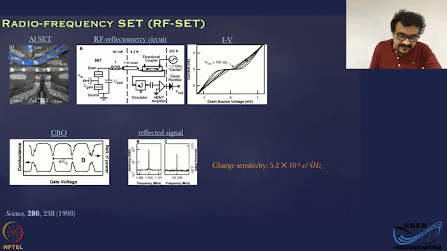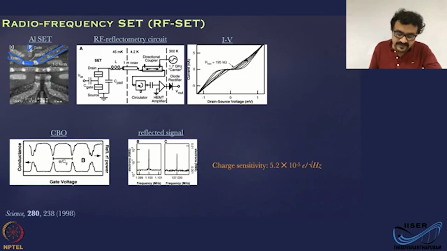You can see that the demodulated signal from the RF reflected power is going to exhibit a corresponding change, or mirror the Coulomb blockade oscillation as a function of the gate voltage. You can capture whatever is happening in the device just by looking at the reflected power.